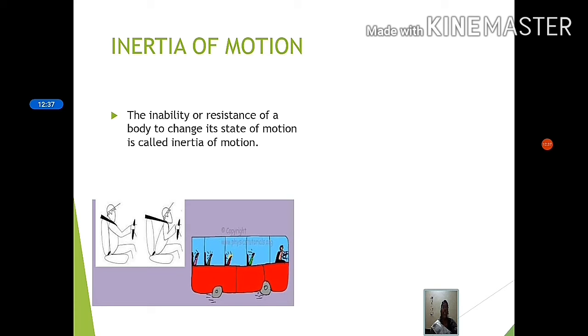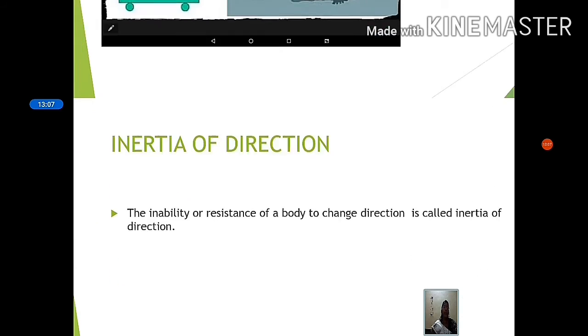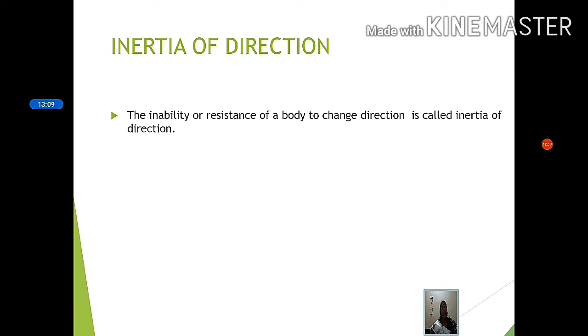The vehicle is in motion, and when the vehicle is suddenly stopped, the persons sitting in the vehicle are moving towards the direction of the movement of the vehicle, is it not? So their bodies are not able to stop by themselves. This is called inertia of motion.